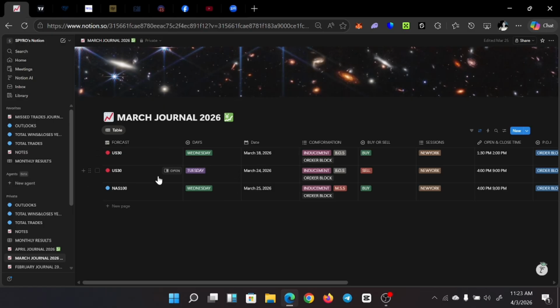You see, then on the third week of March, I took the second trade on Tuesday, and then Wednesday. This is on the fourth week, the last week of March, which is last week. I took this trade on Tuesday and then Wednesday, which is Thursday, Friday. I didn't see any other setup.